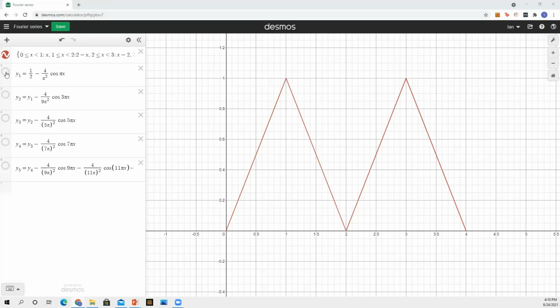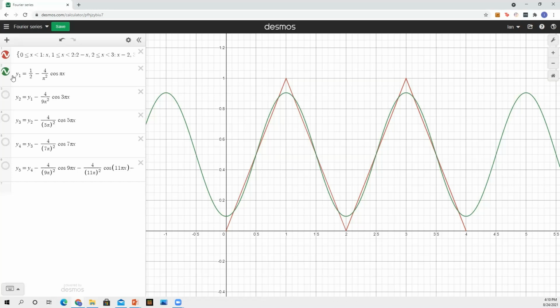If I compare this to a cosine curve, we can see that the cosine curve does a pretty poor job of recapitulating this sawtooth pattern, right? We have curves, we don't have points, and we're pretty low instead of being high.